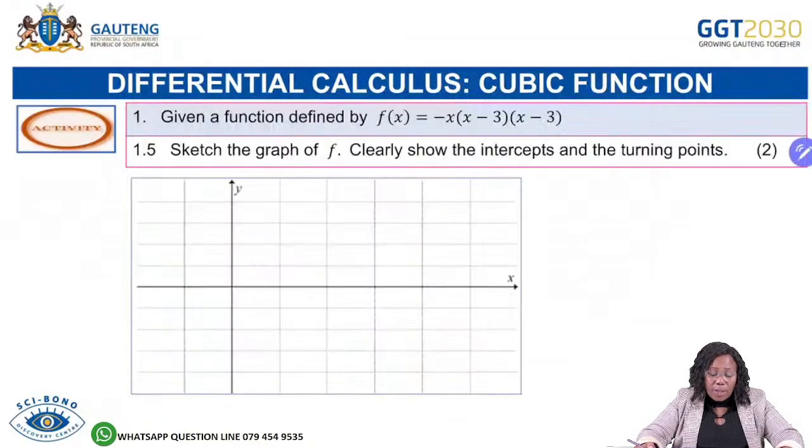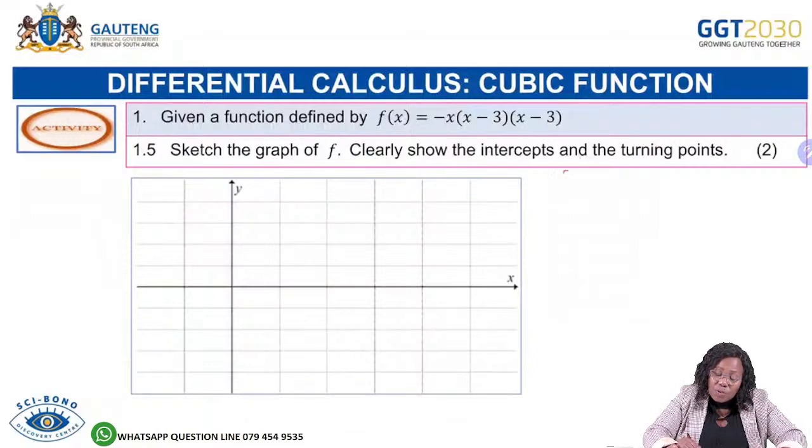And then now, the next question, you need to sketch that function. Remember, when you sketch a cubic function, you need to know your shape. How is your shape going to be? Now, we are looking at the value of a. A is less than 0, meaning it is negative. So we are expecting a graph that will start concave up and end concave down.